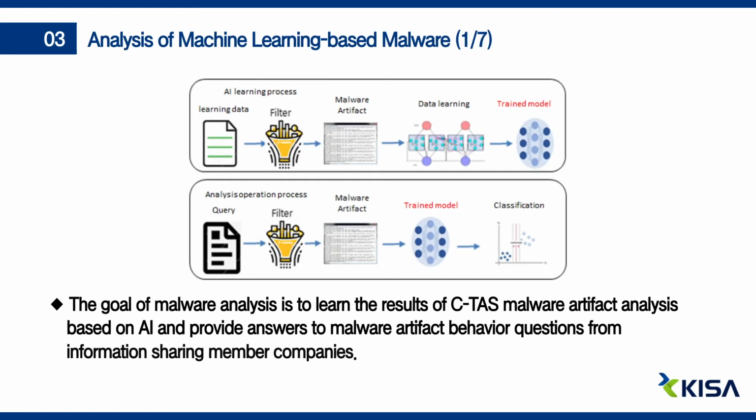This figure overviews machine learning-based malware analysis. The goal of malware analysis is to learn the results of CTAS malware artifact analysis based on AI and provide answers to malware artifact behavior questions from information sharing member companies. 5 types of malware artifact behavior should be tagged to create a learning model: registry, auto-run path, background, service path, file path.